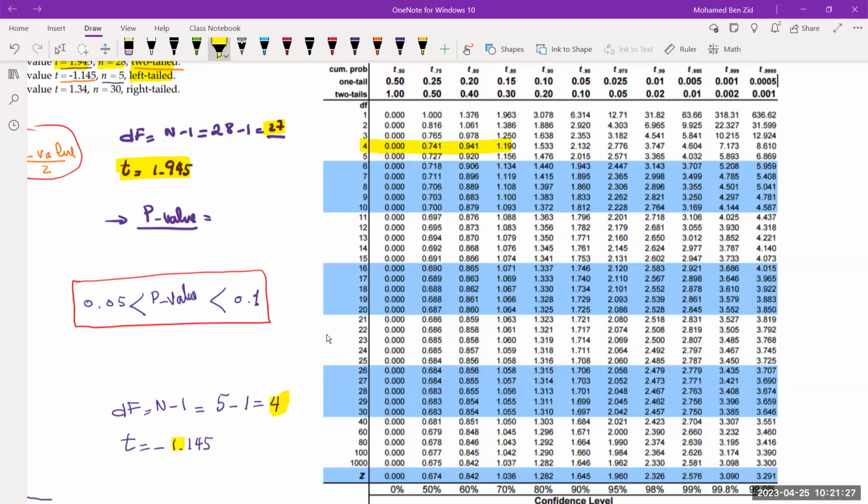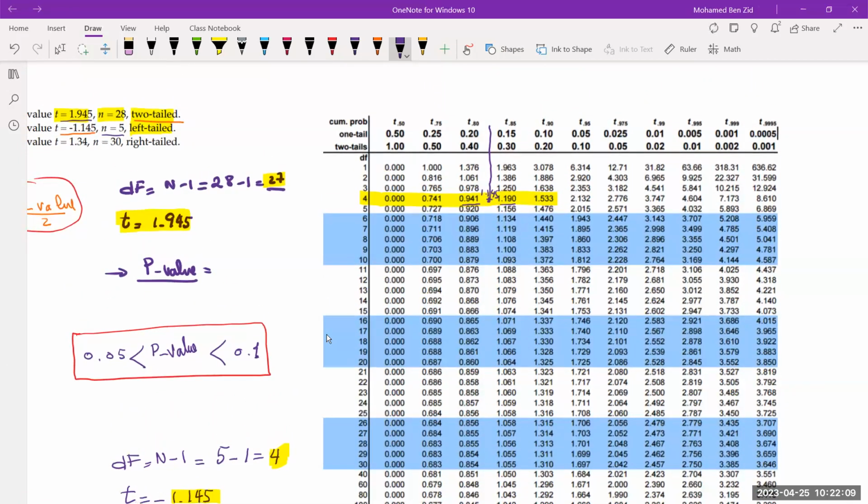And then I'm going to look for the value 1.145. I don't take the sign into consideration. 1.145 can be somewhere here, very close to 1.9, right? So you're going to be somewhere between this value and this value, 1.145. And again, I'm going to go up.